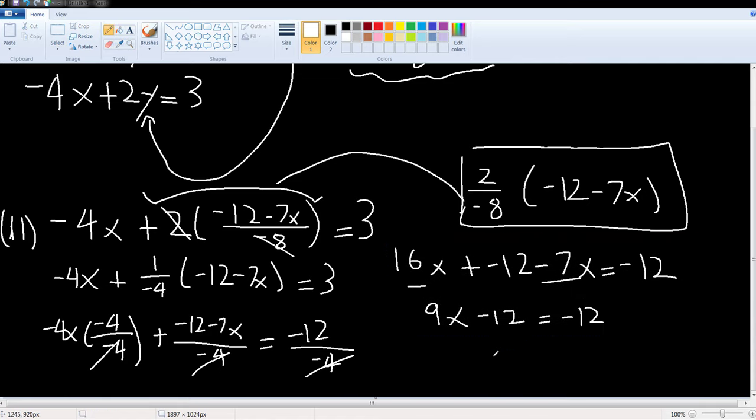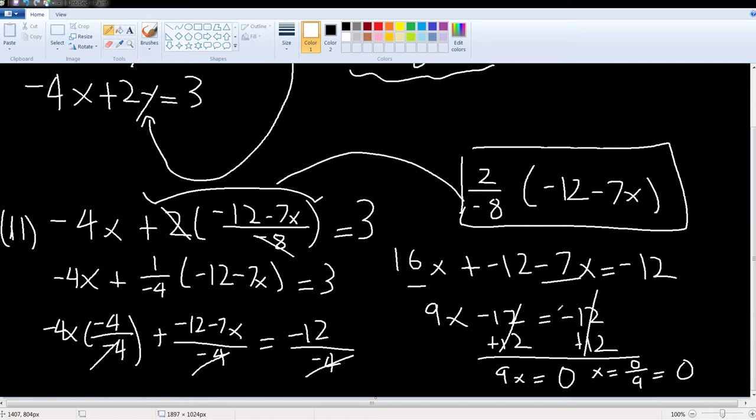Okay. So now I add 12 to each side. I get 9x is equal to 0 because -12 plus 12 is 0. 9x is equal to 0, then I just do x is equal to 0 divided by 9, or this is just equal to 0. So far so good.